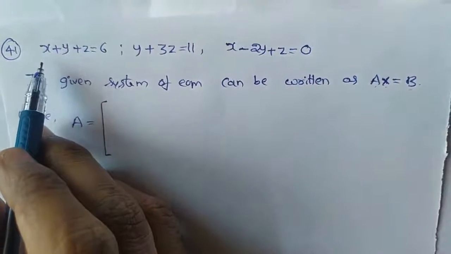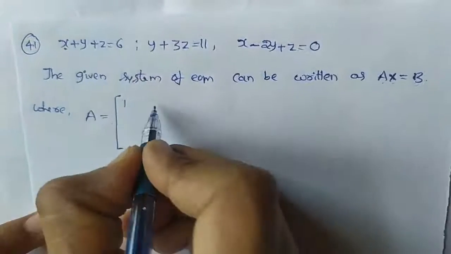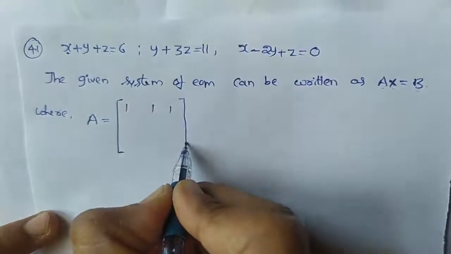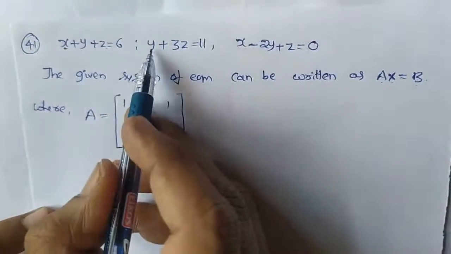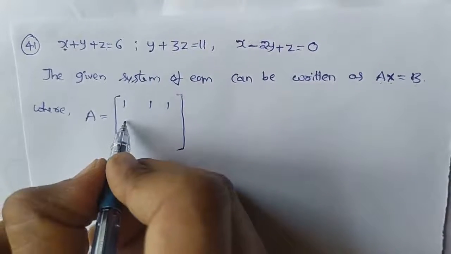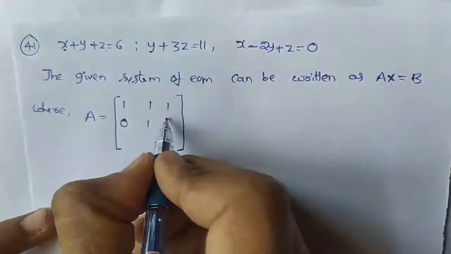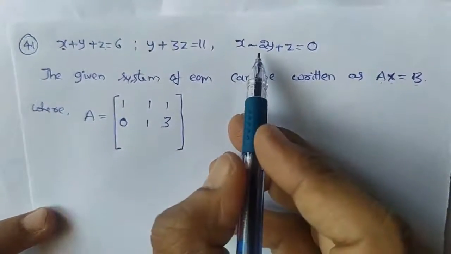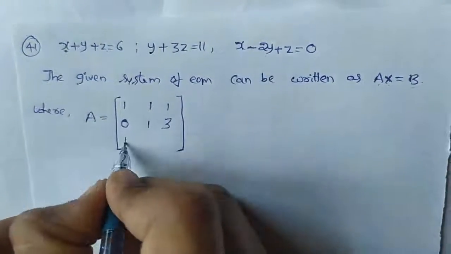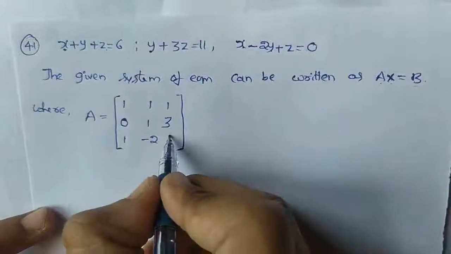See the coefficients of the first equation: 1, 1, 1. Next, see the second equation. Here we don't have an x coefficient, so we take 0. The y coefficient is 1, the z coefficient is 3. Next, the third equation: x coefficient 1, y coefficient −2, z coefficient 1.